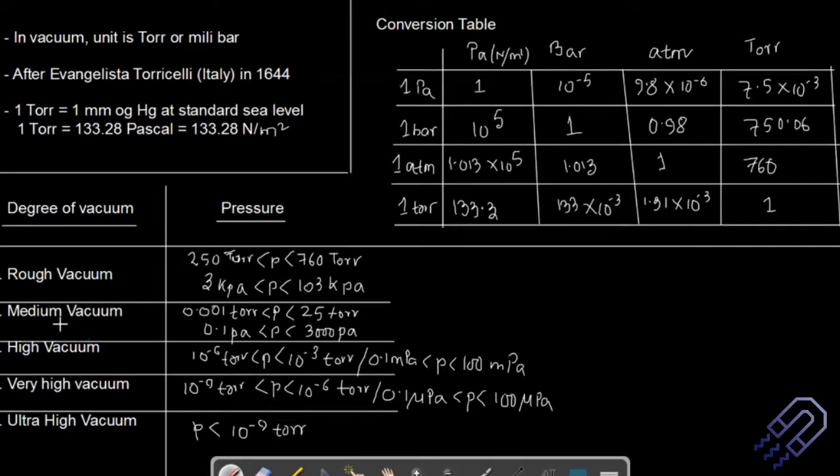So what we are going to see eventually is what kind of device we will be using to create this vacuum. Ultra high vacuum can also be created, but roughly these four types of vacuums are more commonly used. A normal pump connected in your home, to raise the water from the ground level to the tank at the top of the building, works on this rough vacuum system.